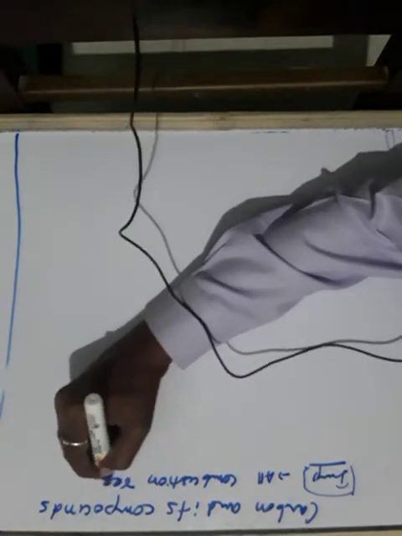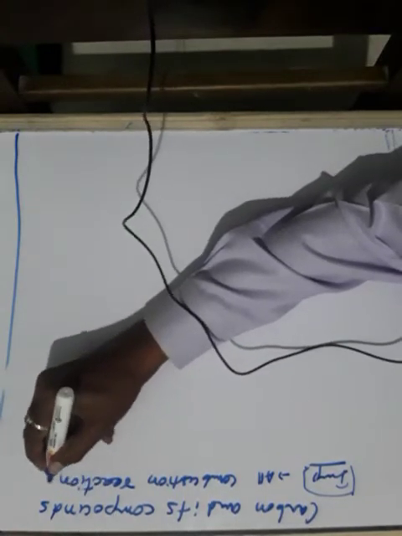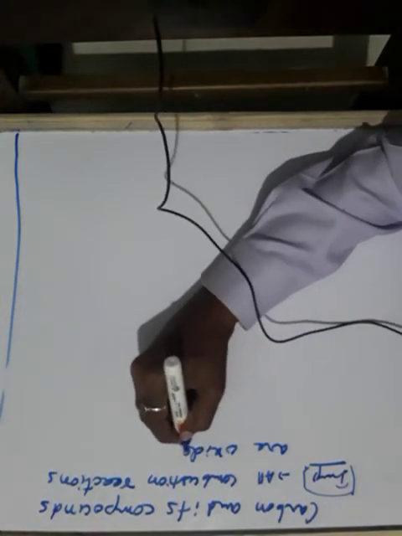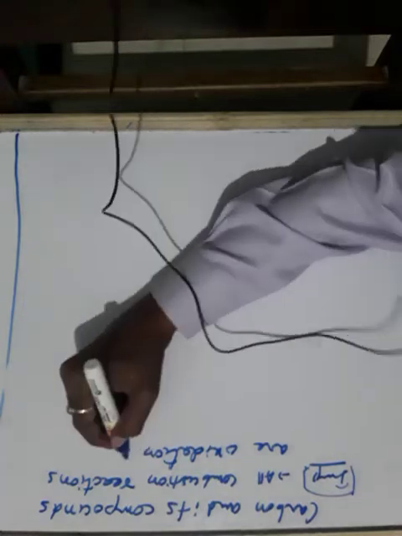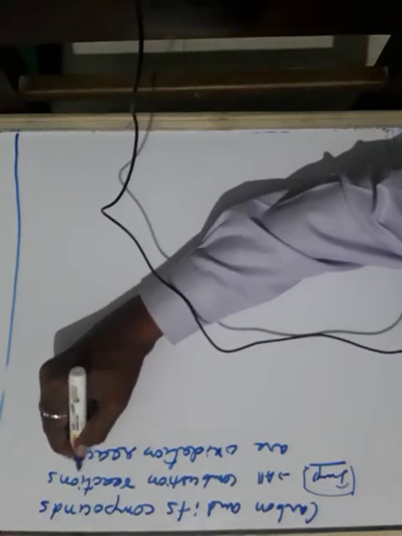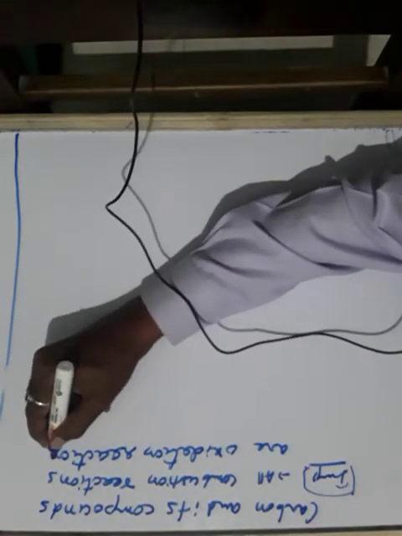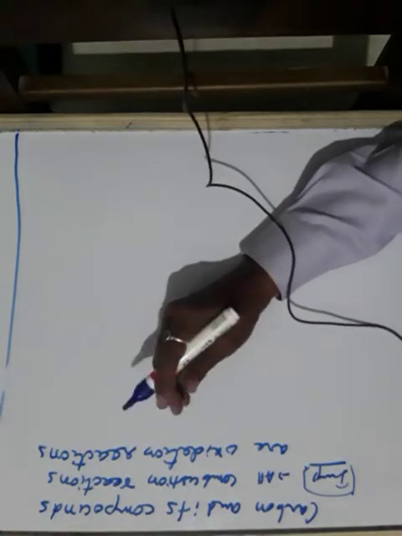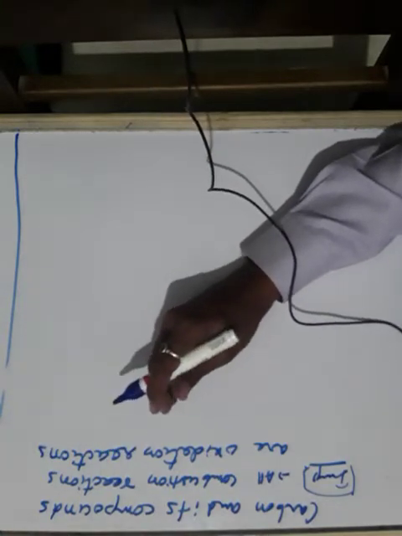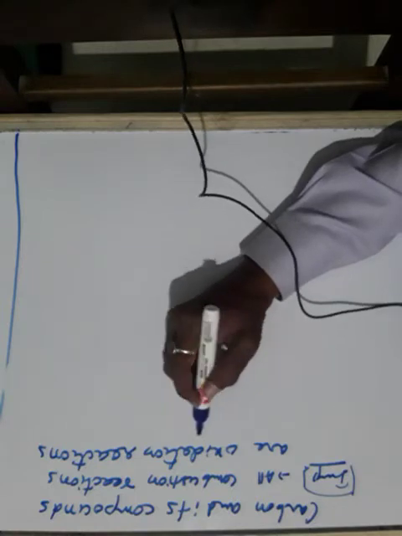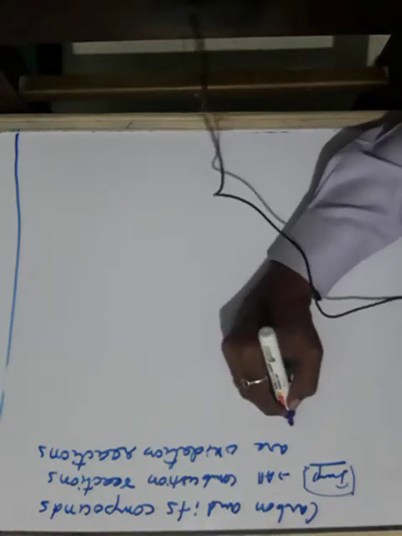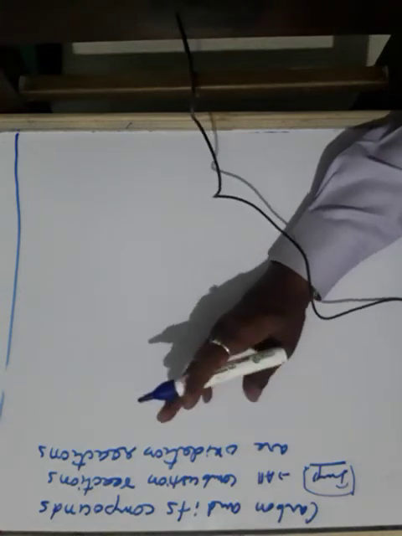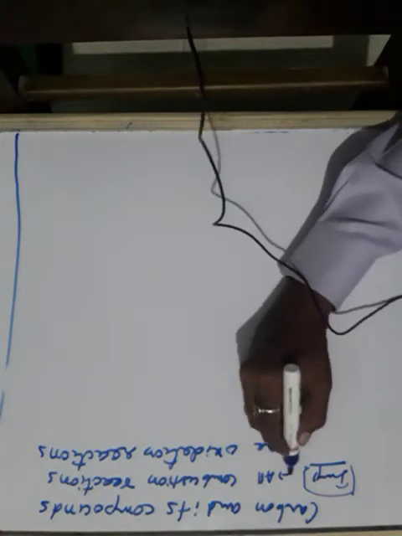Oxidation reactions mean they can undergo combustion in the presence of oxygen. It is not necessary that the reactants burn during combustion. There is no condition that reactants should burn during combustion.